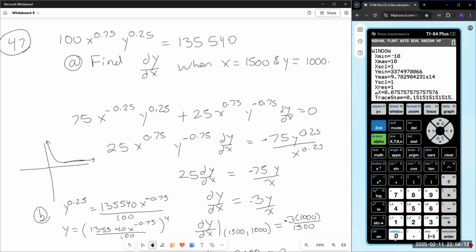Let's go to my window. X min is going to be 0. Y min is 0. Y max, let's make that 1e to the 15th, 1 times 10 to the 15th.